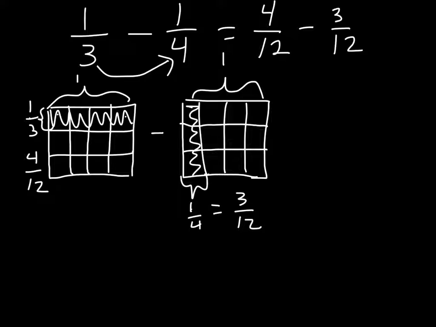Okay, so we've got 4 twelfths minus 3 twelfths. And what we're going to do is take these 1, 2, 3 twelfths, and we're going to subtract them over here from the 4 twelfths, and what we have left is 1/12.